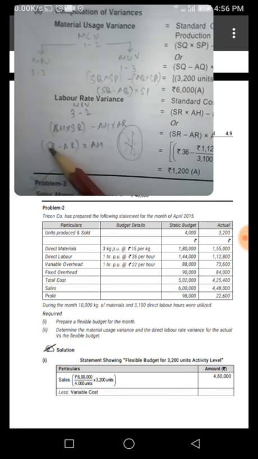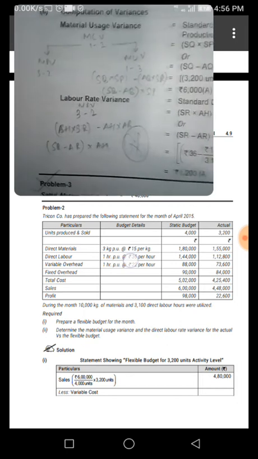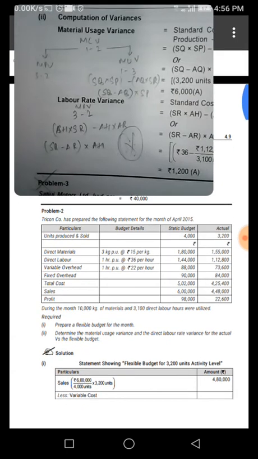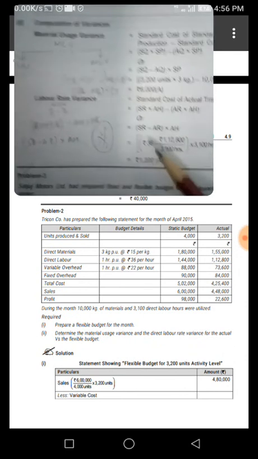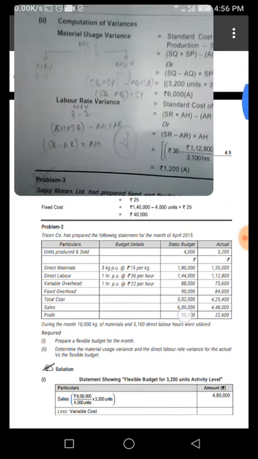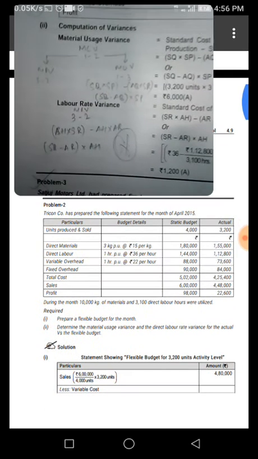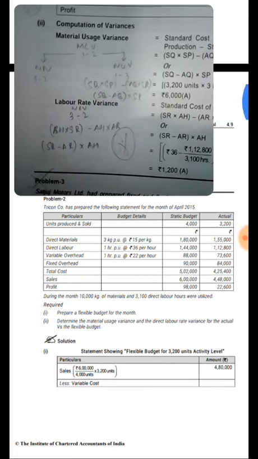SR is given in the question, this one, 36, the labor rate. Minus AR. What is AR? AR is given here: 1,12,800 divided by 3,100. That will give the actual rate.